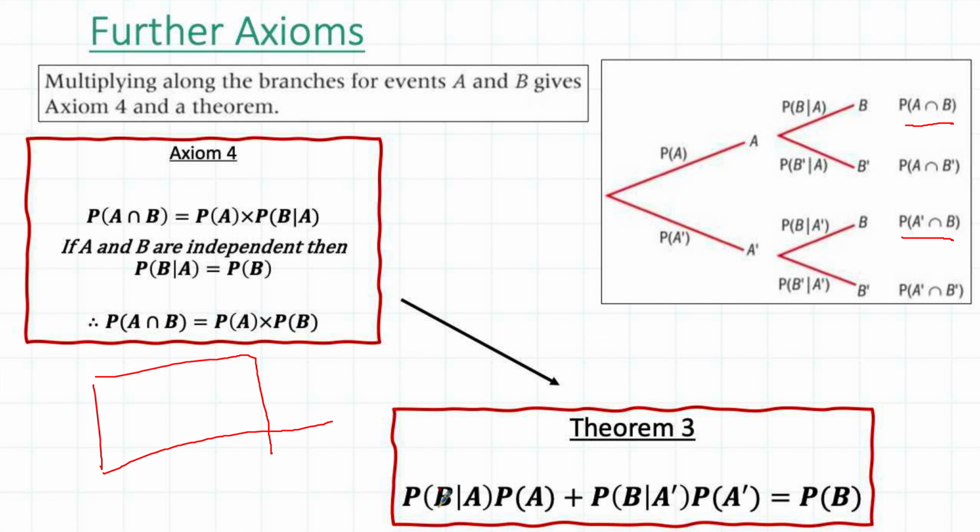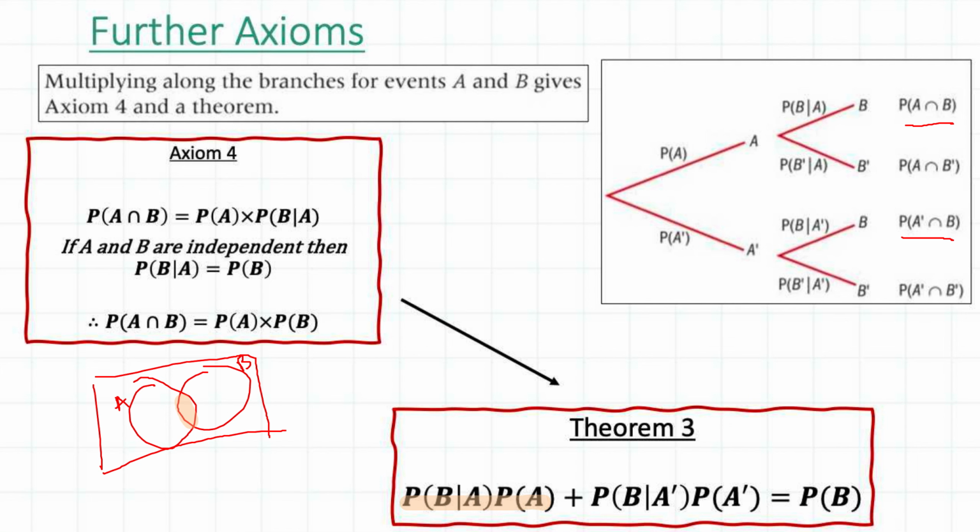If I'm looking at the event of A and B, so this would be A and B. This axiom leads to theorem 3 because if I combine these conditions all together, it tells me that if you are looking for event B, you can look at the condition that A happens and B given A happens. So this would be this probability here, the first one.